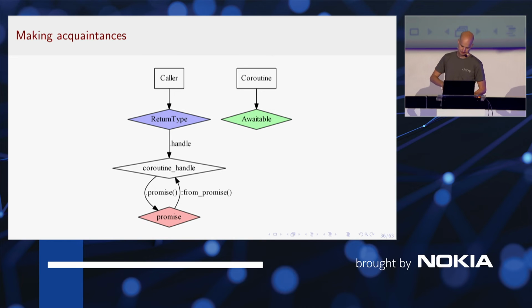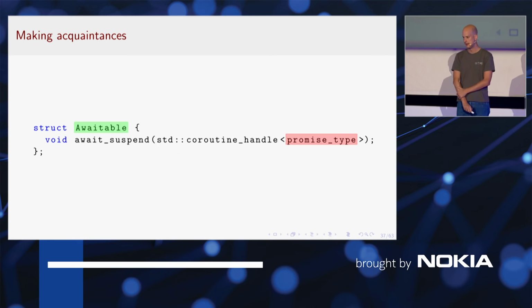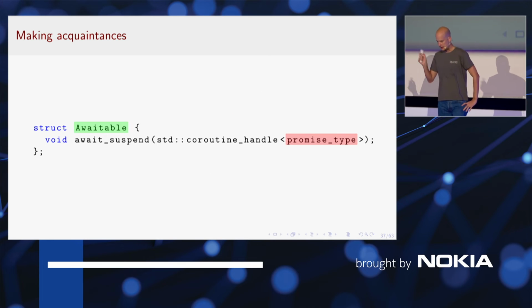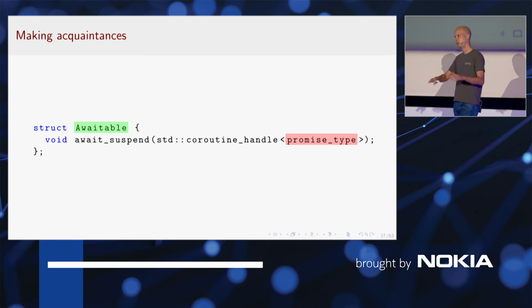So that's great, but we still have the right side of the diagram here floating around. So let's see if we can bring that into the picture as well. And here the function that allows us to resolve that is the awaitSuspend function. If you think back, awaitSuspend is the thing that gets called when we co-await something and immediately before the coroutine suspends execution.